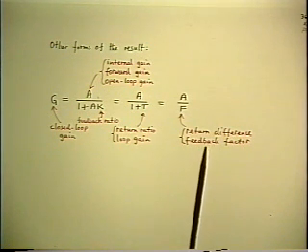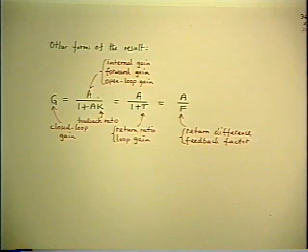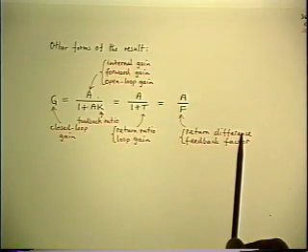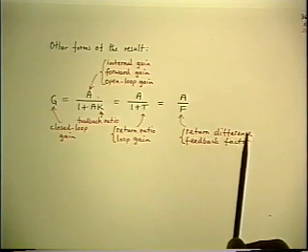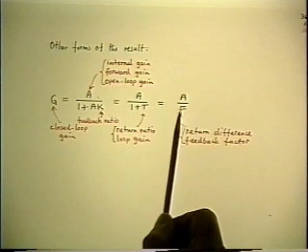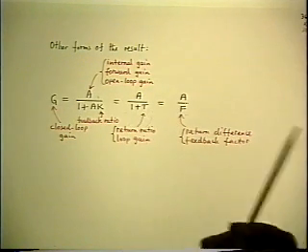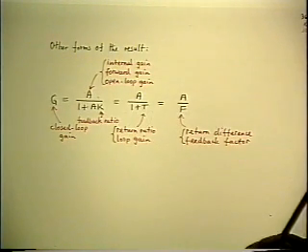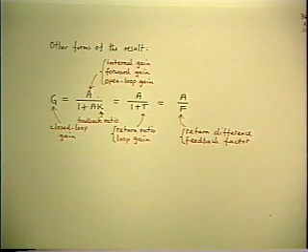Another word would be the gain reduction factor due to feedback. Another term is return difference. And you might say, since F is 1 plus T, why isn't it return sum? Well, it's a matter of choice of original polarity definitions.